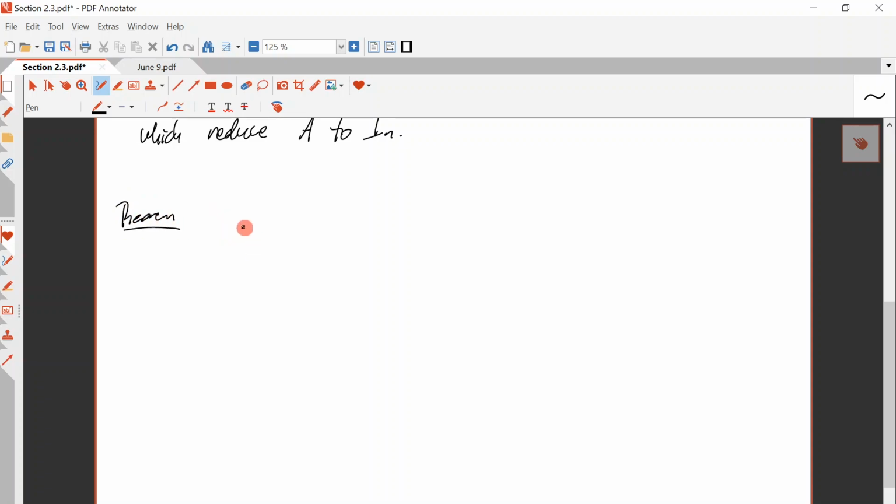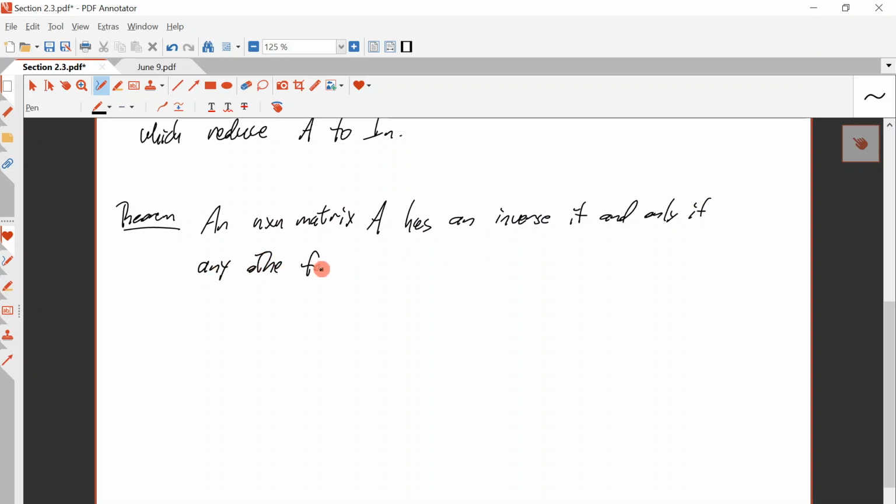An n by n matrix A has an inverse if and only if any of the following are satisfied.